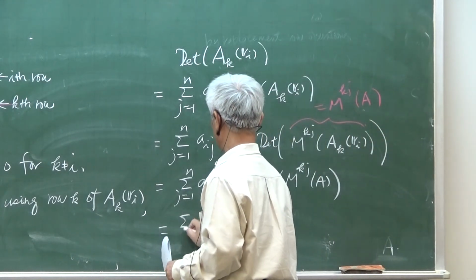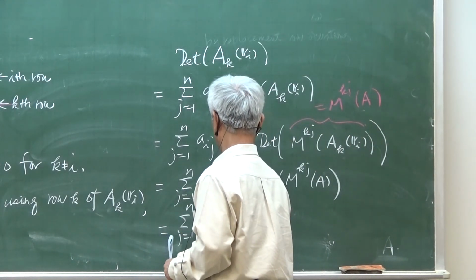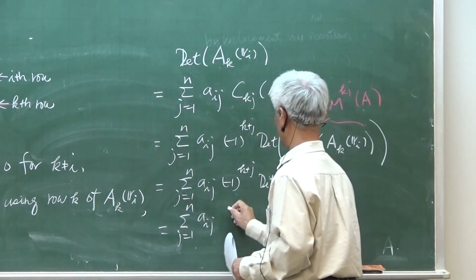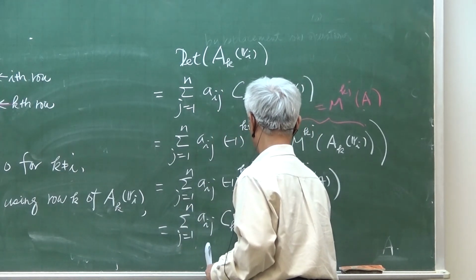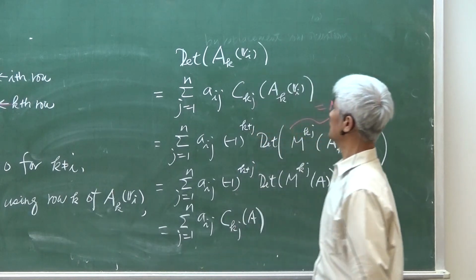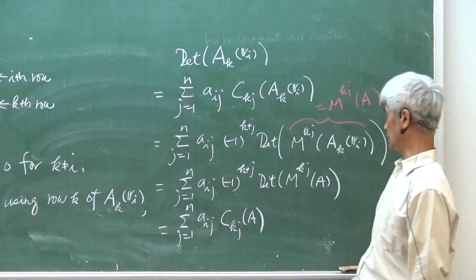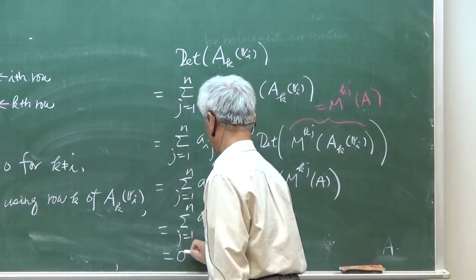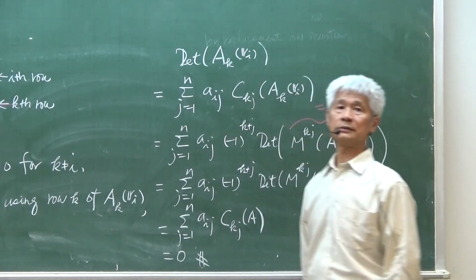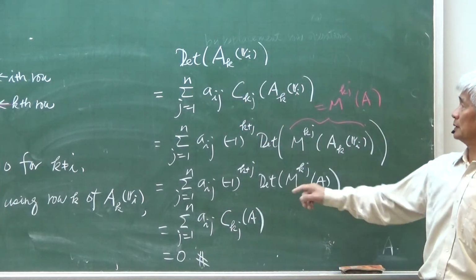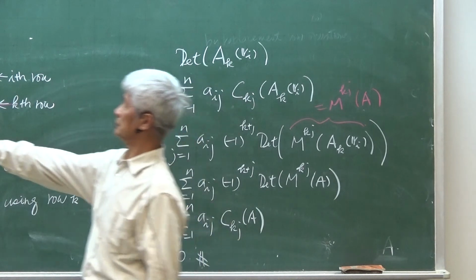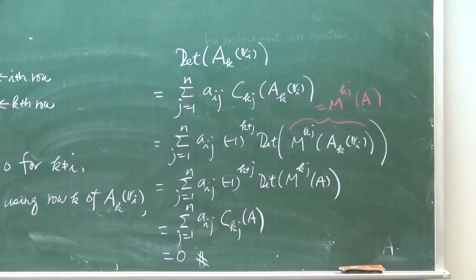And this is the summation of a_ij times the cofactor of Kj. So the determinant is equal to this one. And of course, this is 0. And we have that. So we prove that this is true when K is not equal to i.